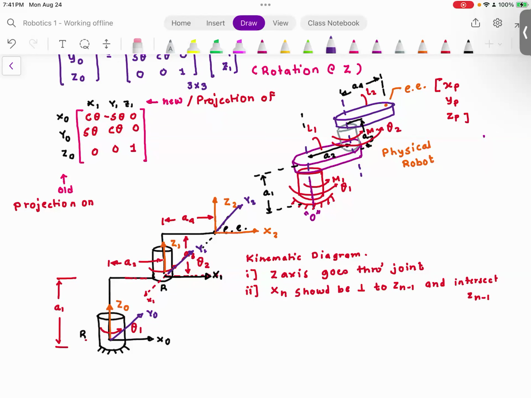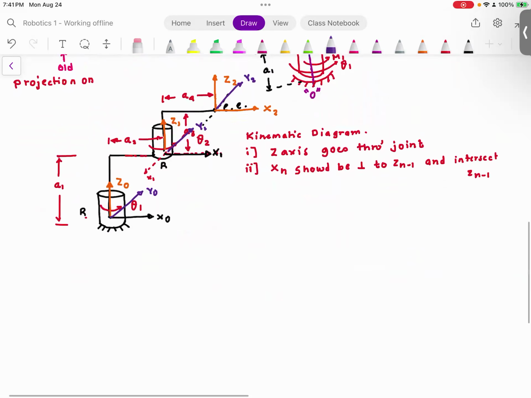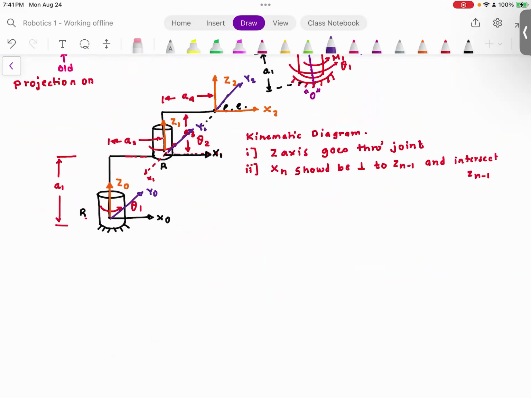Okay. Now the question is how do we do this? For this first problem, I'm going to go very slow. My suggestion to you is, when I'm deriving the rotation matrices and the homogeneous transformation, please pay attention on the board, and then I will give you enough time to copy it down.